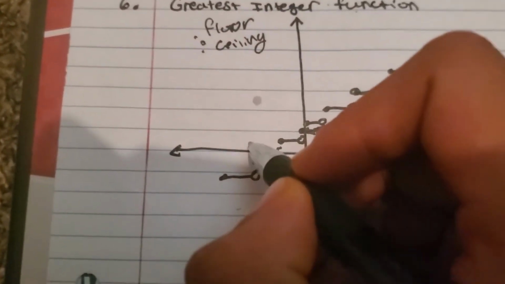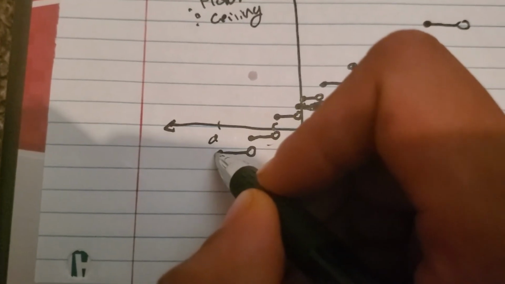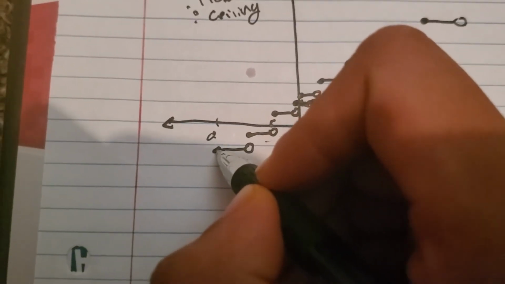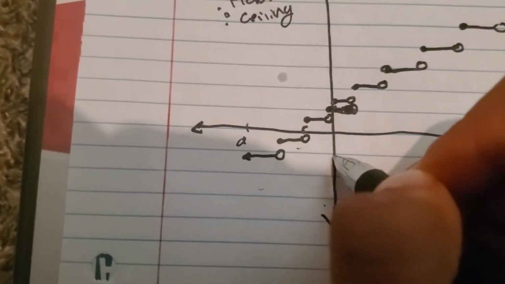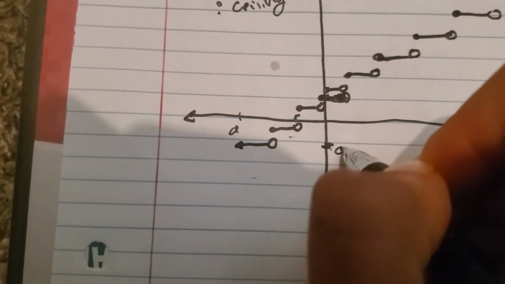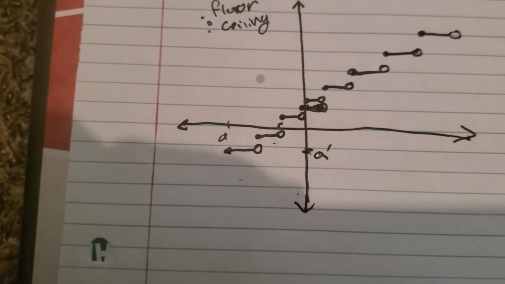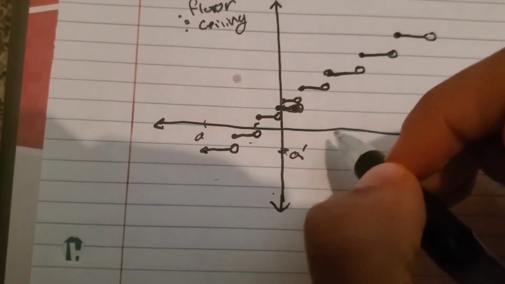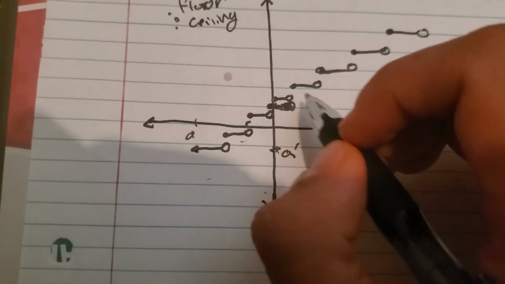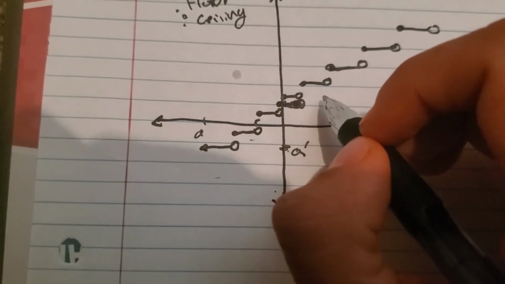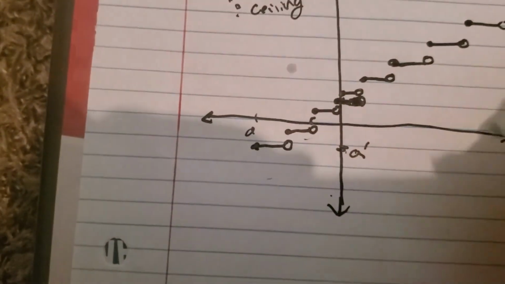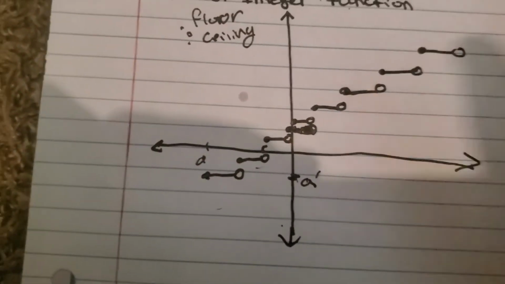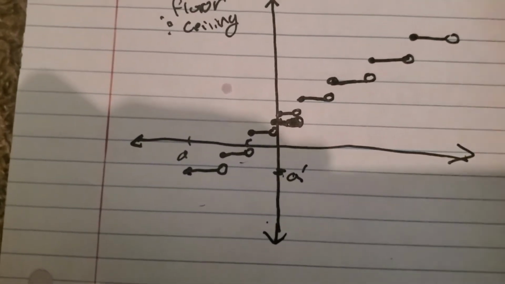So say it's A, all the values stay the same for this A prime value; it just stays the same throughout. So if it's 5.1, it'll be 5. 5.2, the functional value is 5. 5.4, and so on and so forth.